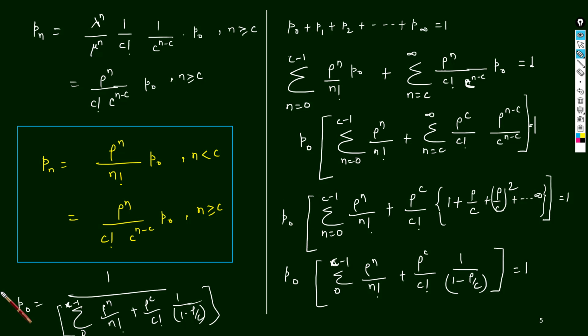So this is the expression for P naught. So we got two expressions, Pn and P naught. So Pn, P1, P2, P3, whatever we want, we can calculate. That is number of customers in the system we can calculate from here, where P naught can be calculated from this expression. Okay.